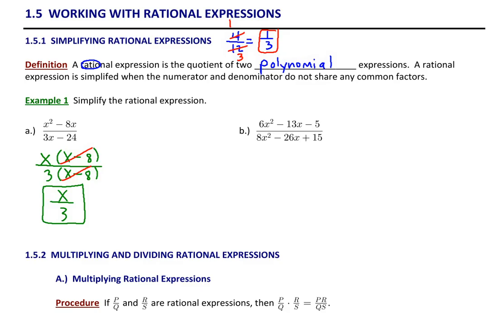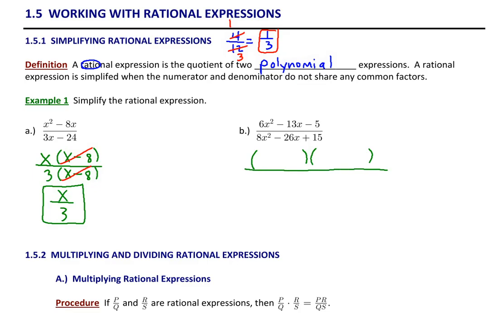Okay, let's give this same technique a try on example B. Again, we have the ratio of two polynomials. In order to reduce it, it must be in factored form. So looking at the numerator, we've got a trinomial, which we can break down into two binomial factors. This will give us a good opportunity to practice our factoring techniques.